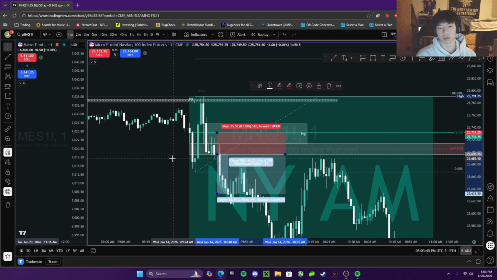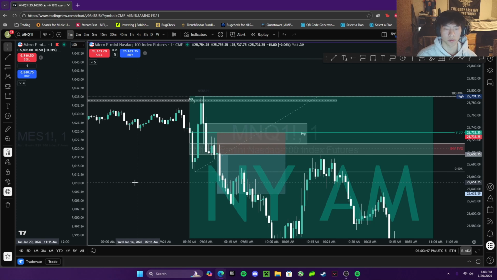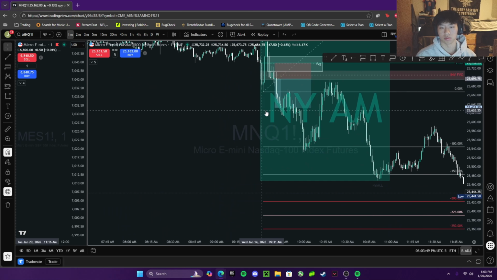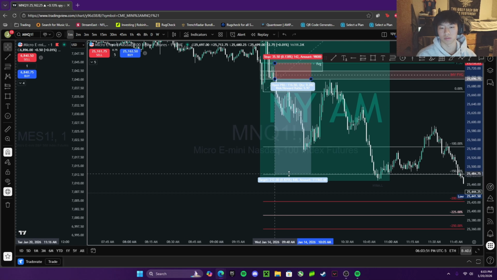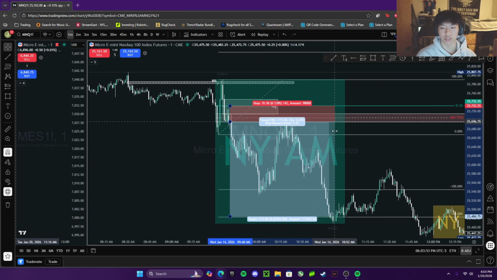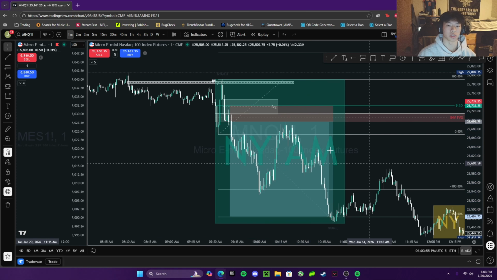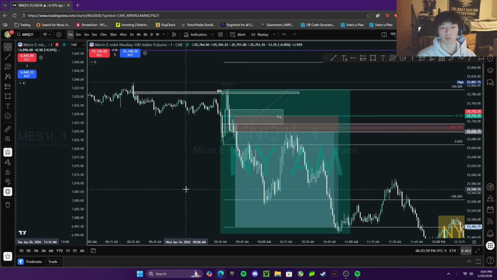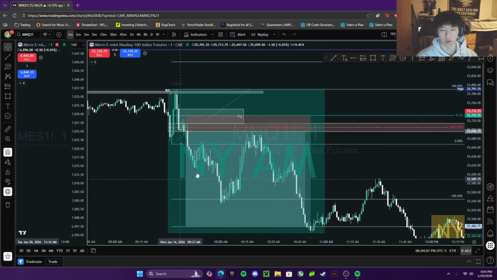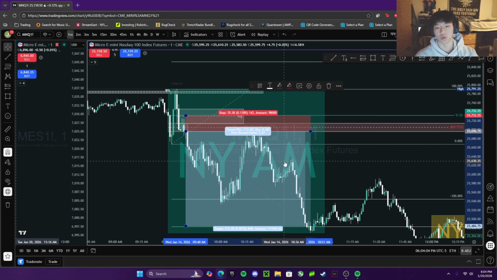So I would leave a little room just in case for a turtle soup, and then target the lows again right here. So this setup kind of only happens once because with the 9:30 volume and just how price kind of plays out as soon as market opens, you only have really one opportunity to take this kind of trade.